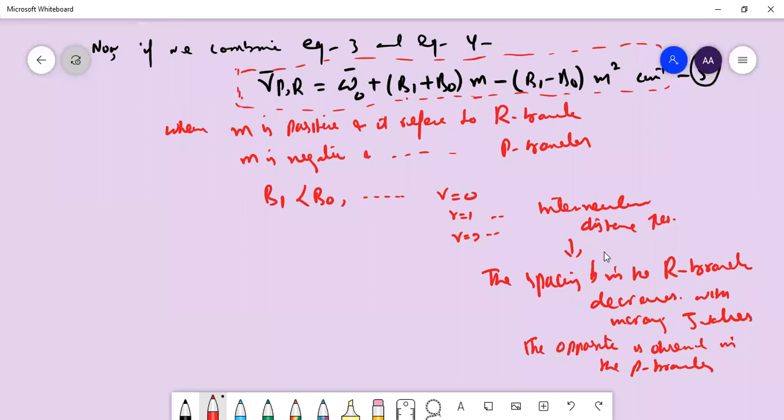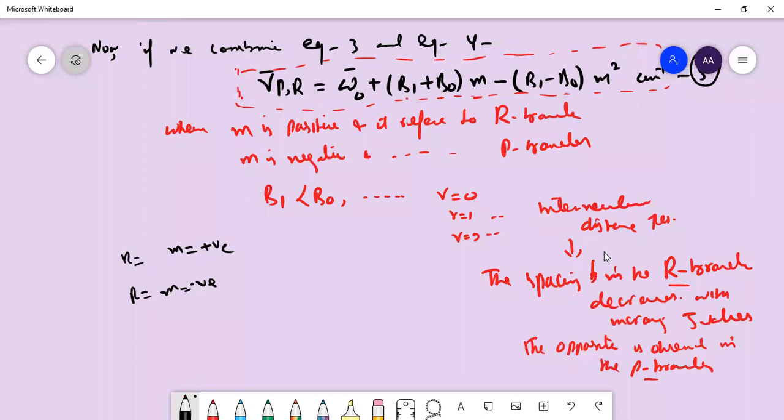Now let's see why the spacing between R branches decreases and why the spacing between P branches increases. Here we know that for the R branches, M is positive, and for the P branches, M is negative. So if we substitute the positive and negative values here, the term with M square and B is a negative term.